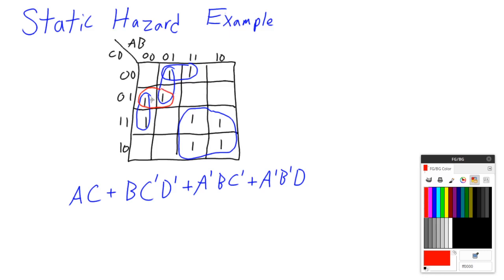I realize that this is not an essential prime implicant, but it is a prime implicant, right? We couldn't make this implicant any bigger. So even though it's adding to our complexity, this implicant will help fix our static hazards. This implicant here, this blue one, also shares an edge with this implicant. So that means we can add another implicant there.